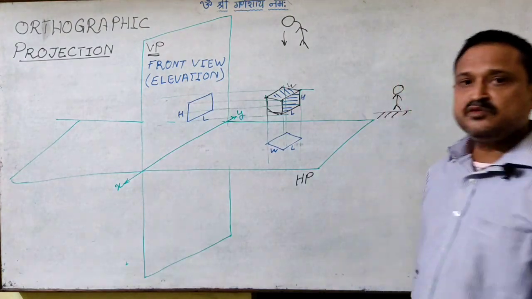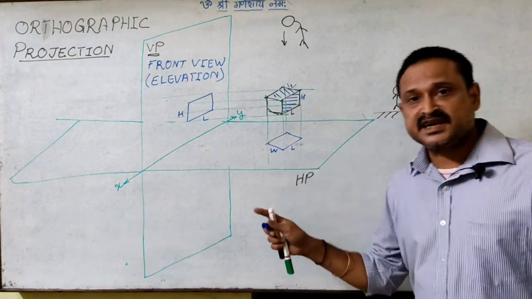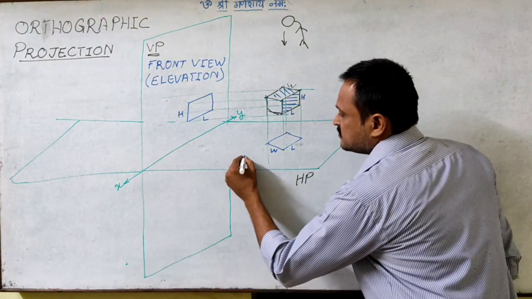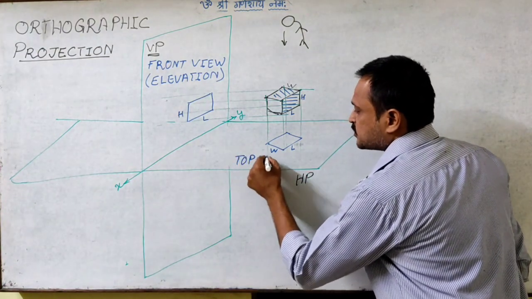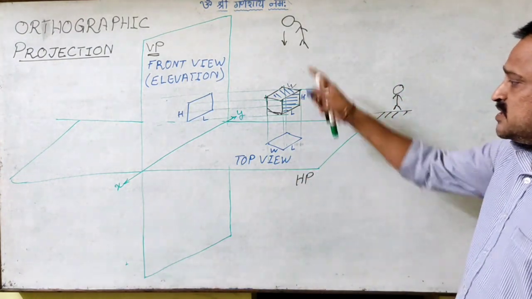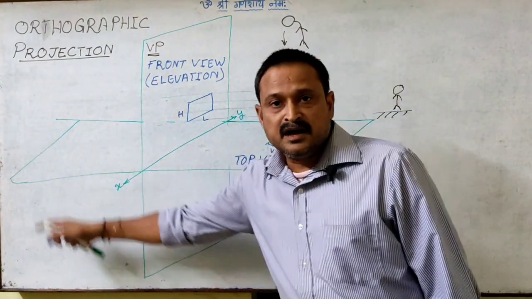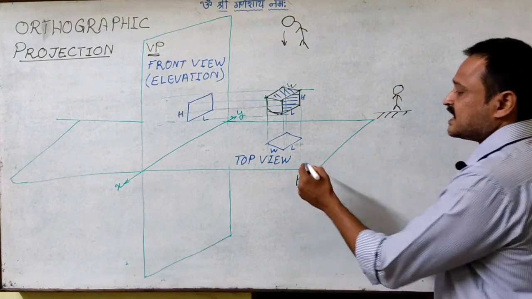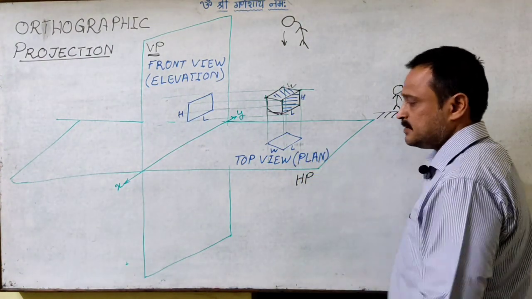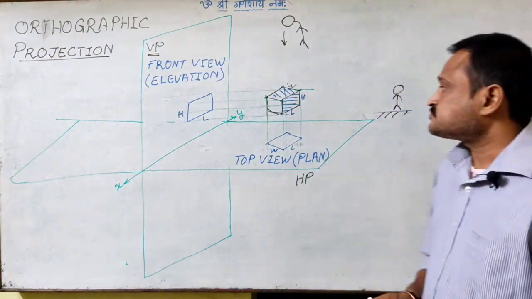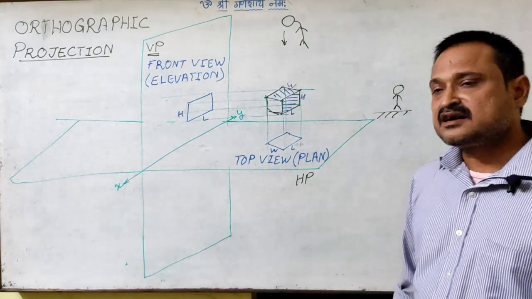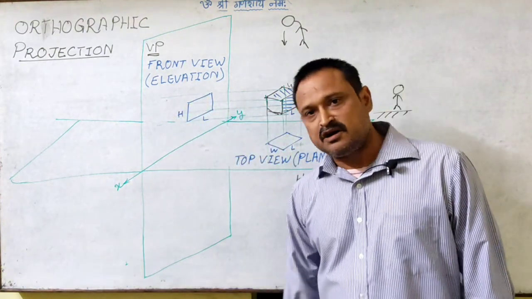And the second view, to get the second view, we move to the top. So this view will be called the top view, and the top view will always be available on the horizontal plane, and the top view is also called the plan. So these are the two views which can give me the complete geometric details about the object.